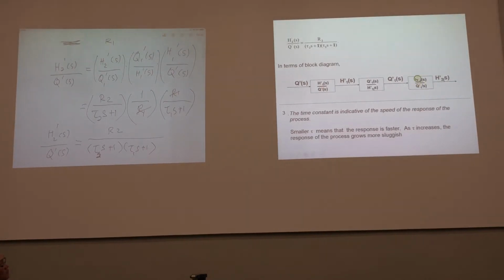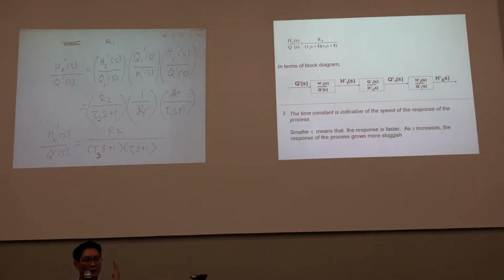So you multiply this by this, which gives you the link between the second one and the first one, right? Okay? So this is what we call the second property. If you have a non-interacting system, the transfer function is the second one multiplied by the first one, in order for you to link the last output to the first input.